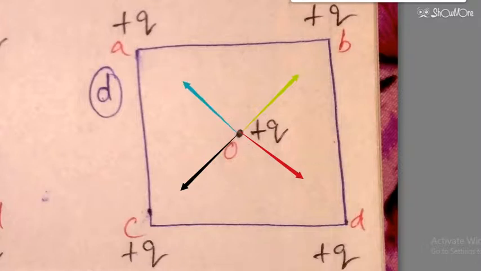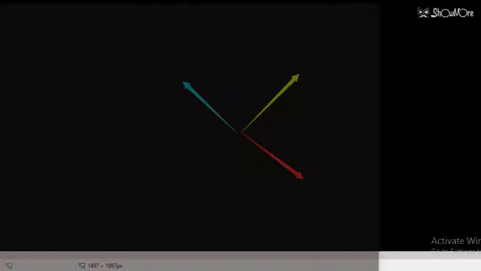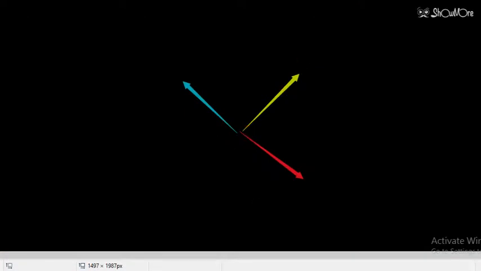So students, you have seen in the previous question that the negative charge was placed at the center. In the same way, positive charge can also be placed at the center, and in this way you can get the question.